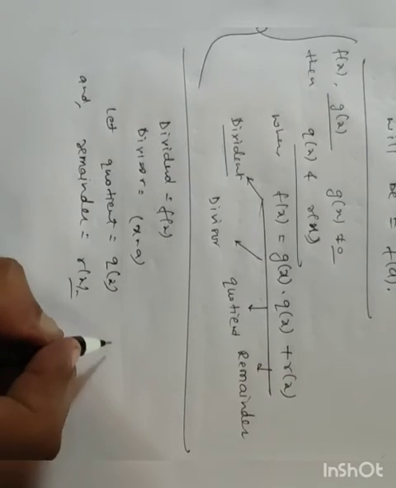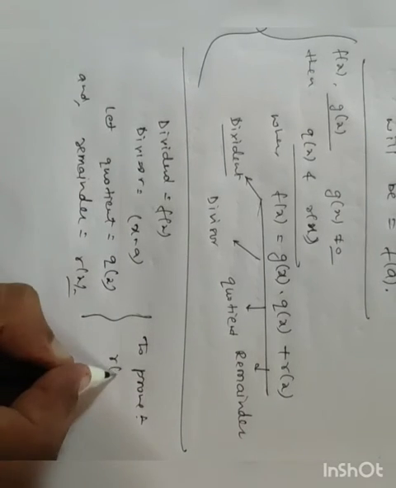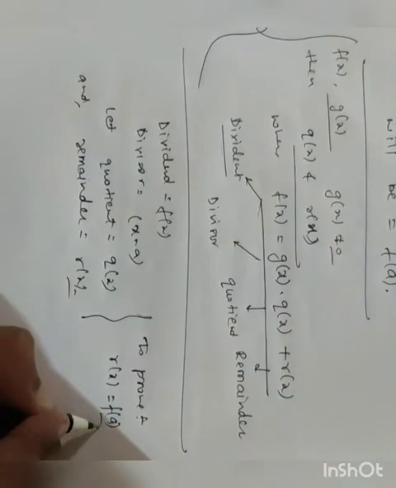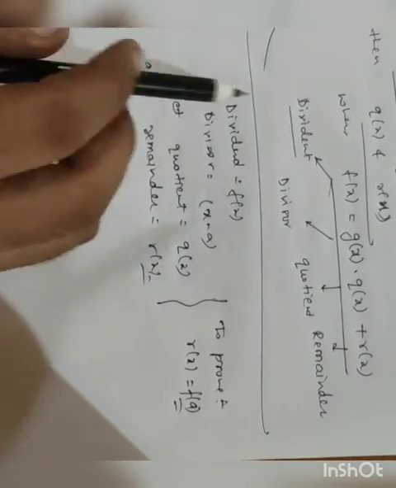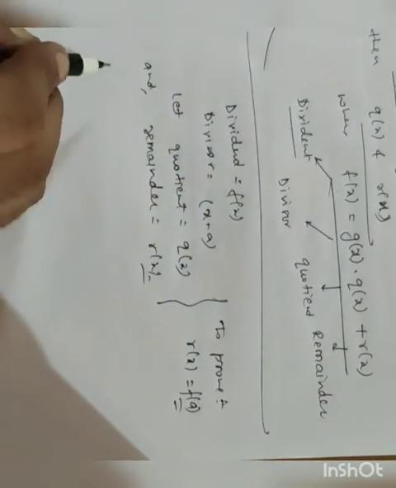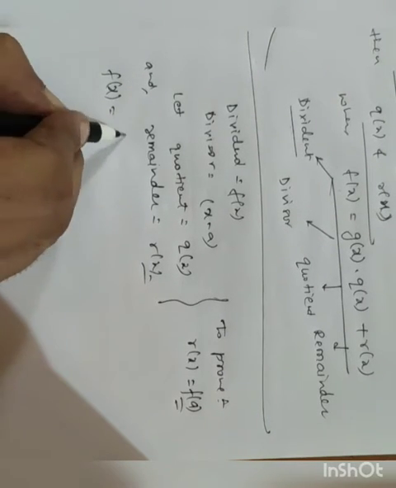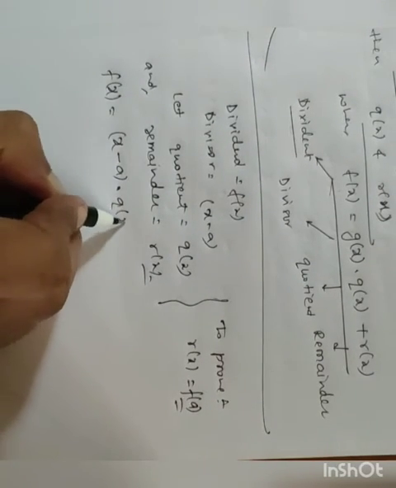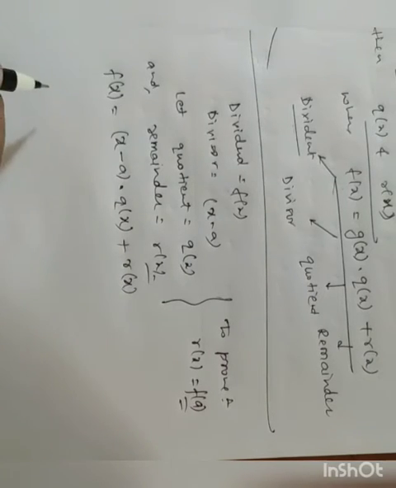We have to prove that r(x) equals f(a). According to the division algorithm, f(x) can be represented in this form. So now we are representing it in this form: f(x) equals divisor times quotient, where the quotient is q(x), plus r(x), that is the remainder.